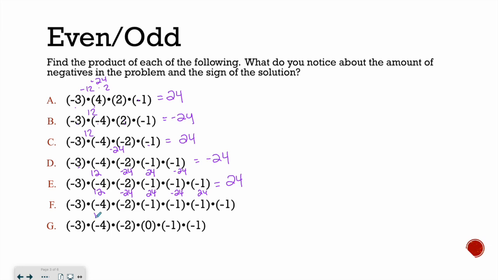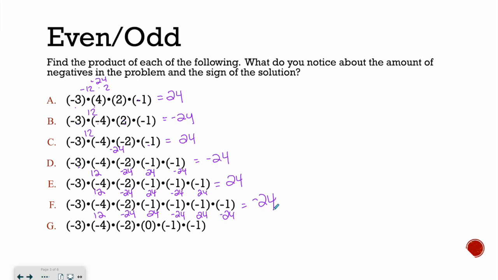Letter F, negative 3 times negative 4 is 12. Times negative 2 is negative 24. Times negative 1 is positive 24. Times negative 1 is negative 24. Times negative 1 is positive 24. Times negative 1 is negative 24.